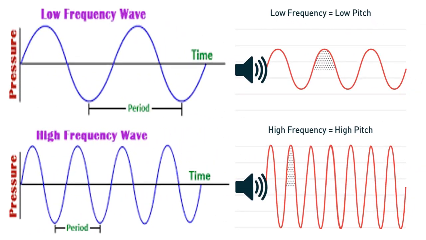Once again, check here. If the wave has a low frequency, then the pitch will be low. On similar grounds, if the wave has high frequency, then it will result in high pitch.